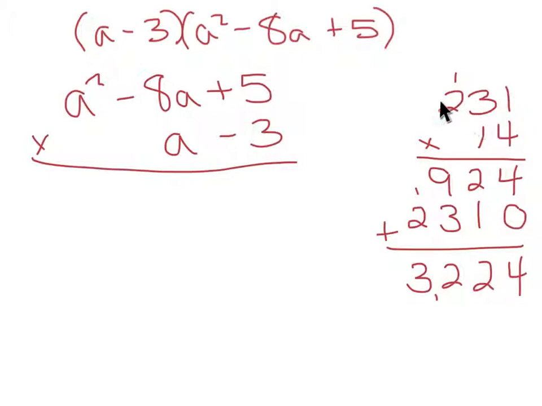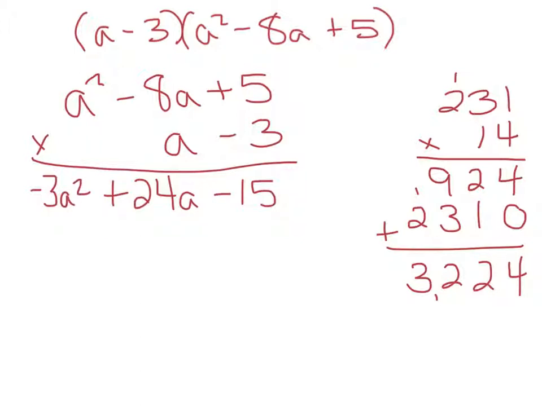This times everything. So we need to do our 3 times everything. So 3, now it's negative 3, notice, times positive 5 is going to be negative 15. And negative 3 times negative 8a is going to give you positive 24a. And then negative 3 times a squared is going to give us negative 3a squared.